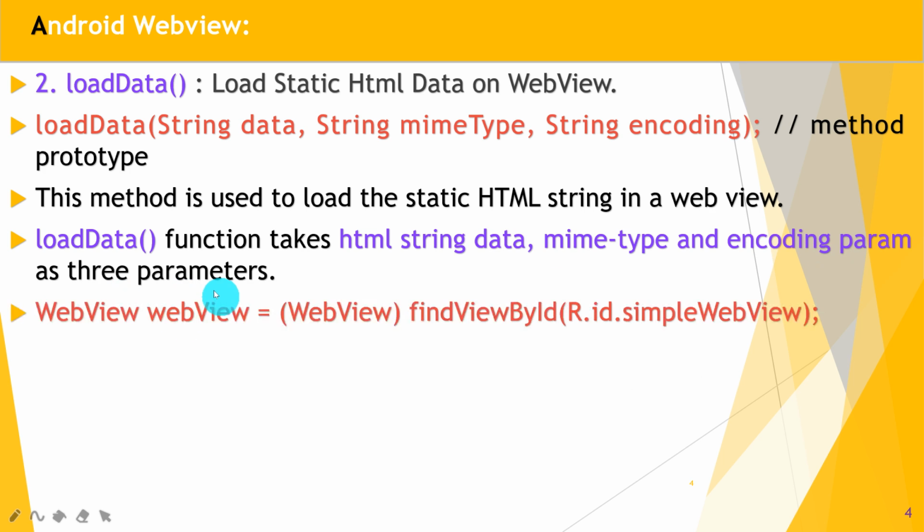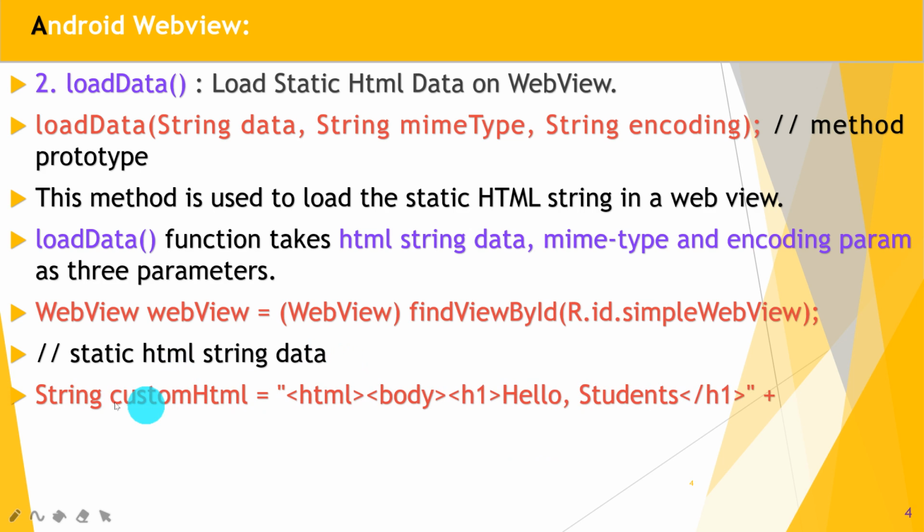Great, guys. So, how to create it inside MainActivity.java? First, we create a WebView reference variable by using the findViewById method. Then create the static HTML string. So we know how to create an HTML file.